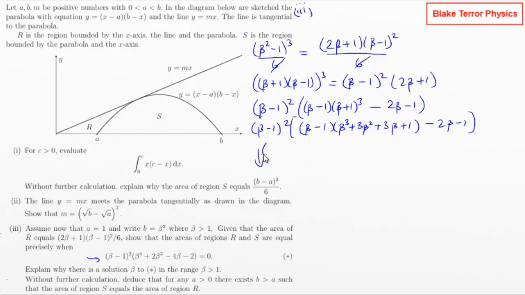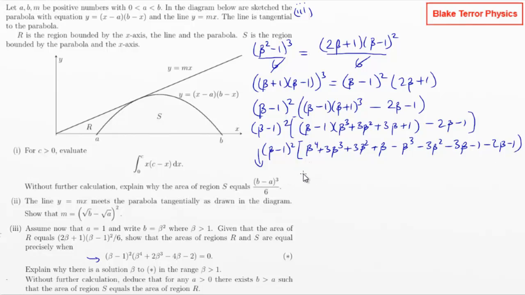So again, the stuff inside, doing the big bracket, we've got a beta to the 4 plus 3 beta cubed plus 3 beta squared plus beta, minus beta cubed minus 3 beta squared minus 3 beta minus 1, minus 2 beta minus 1.